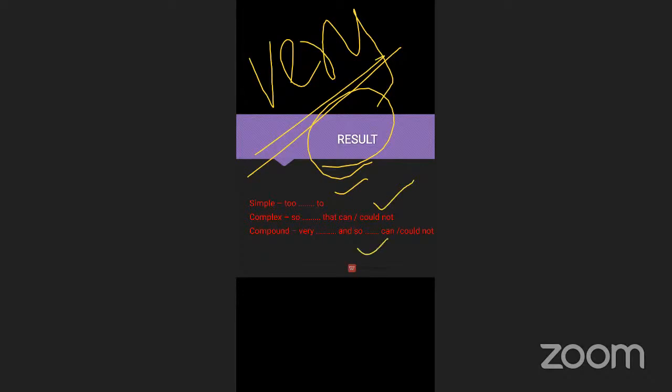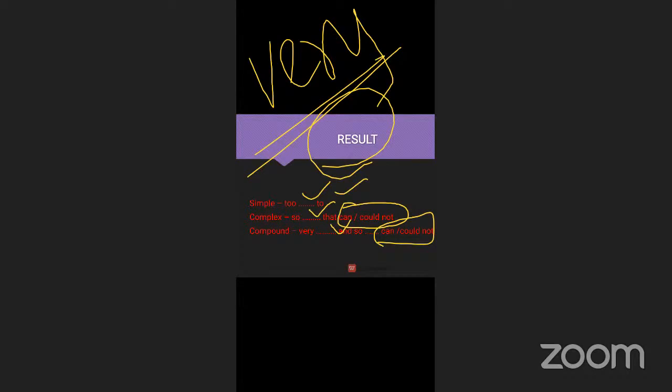See, another similarity I will show you here. Another similarity is cannot or could not. Cannot or could not is common. Something like this: so I cannot do, or I could not do.